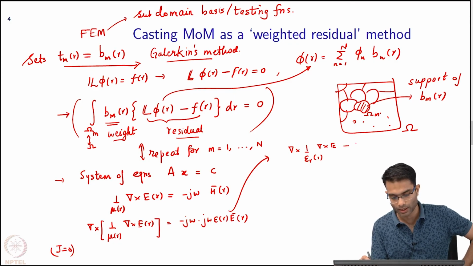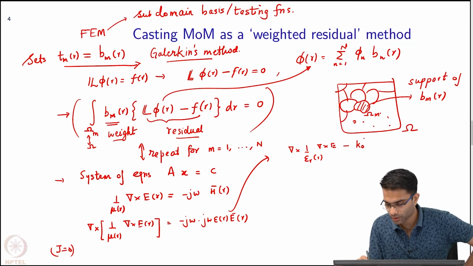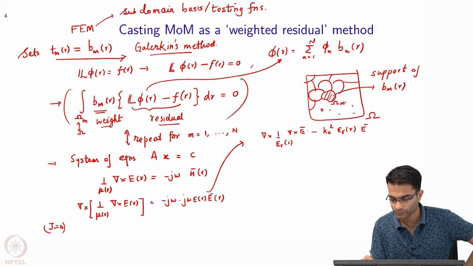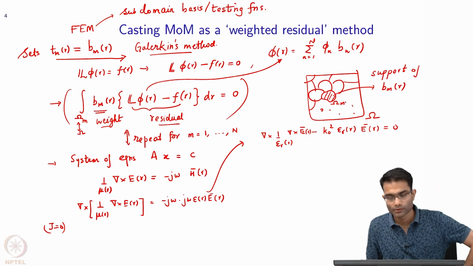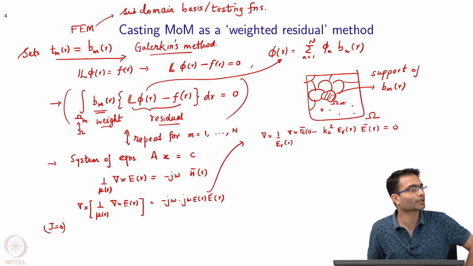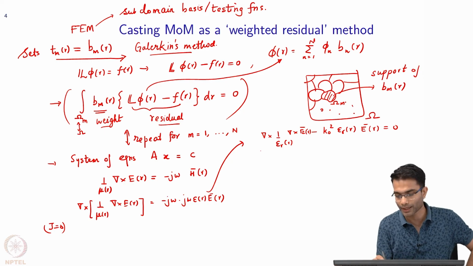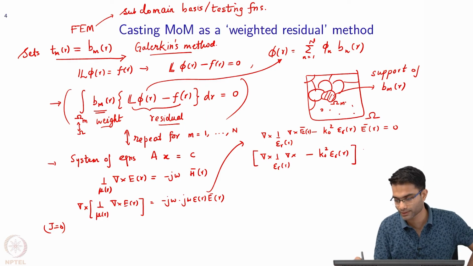All of this omega squared, epsilon naught, mu naught simply becomes k naught squared epsilon relative permittivity E. So, what you have now on the left hand side is actually your operator L. Operator L is del cross 1 by mu r, which is a function of space, del cross, minus k naught squared epsilon r of r. I can write it like this.